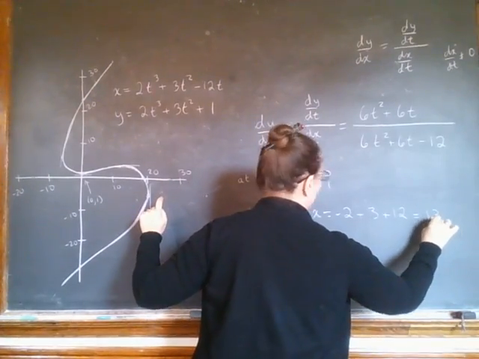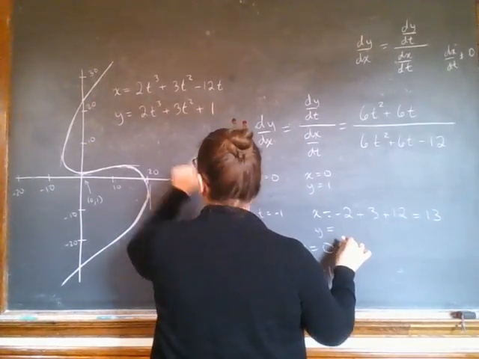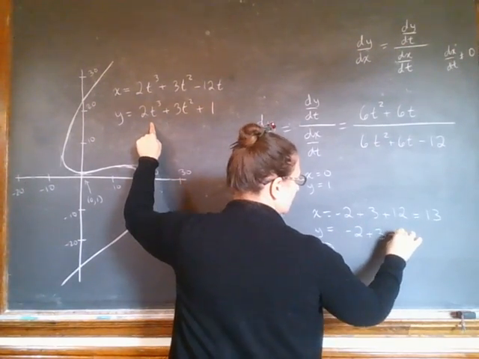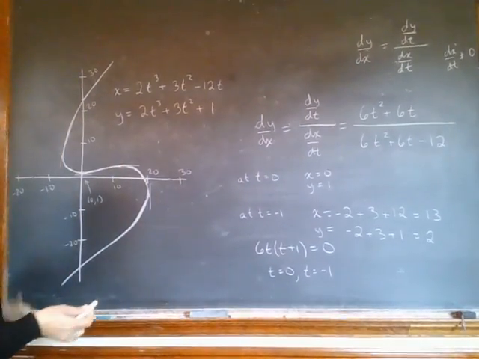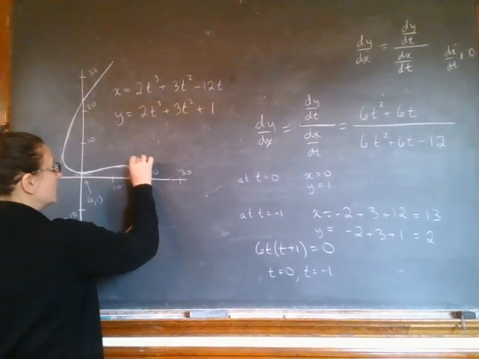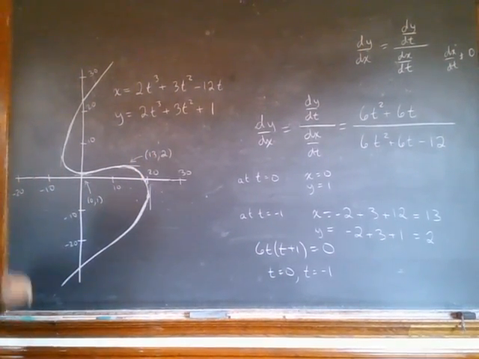So that looks like 13. And y equals minus 2 plus 3 plus 1, so that is 2. Okay, it doesn't really look that great on my graph, but if you do it on Desmos, you'll see that is this point here, x equals 13, y equals 2. Those are our 2 horizontal tangents.